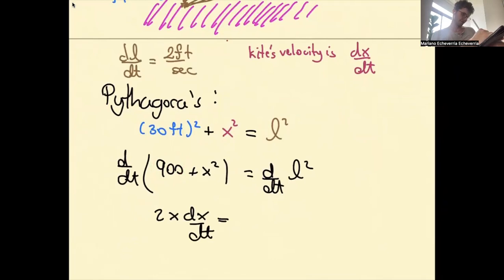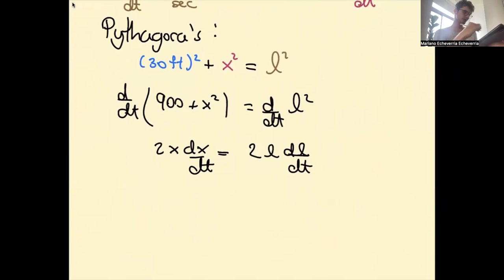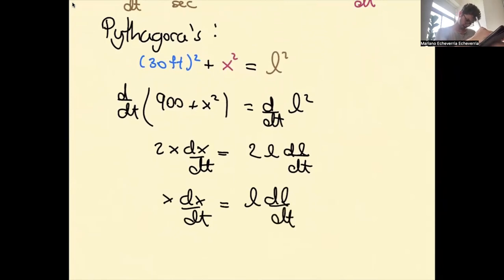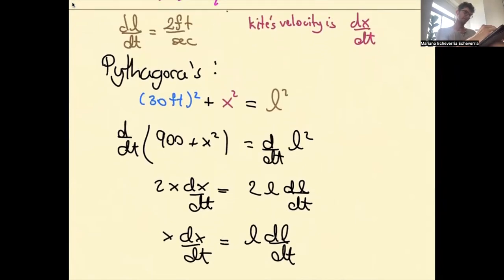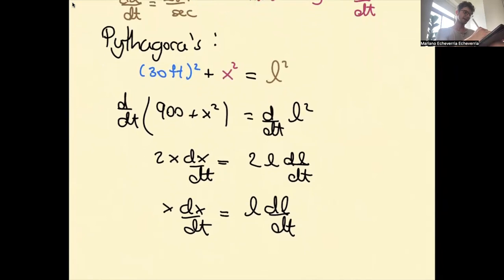And the derivative of L squared with respect to t is 2L dL/dt. Okay? So that means that x dx/dt equals L dL/dt. But we have information about what dL/dt is, right? That's 2 feet per second.